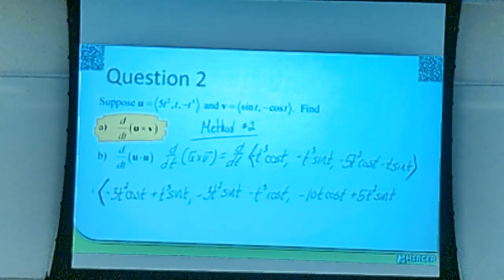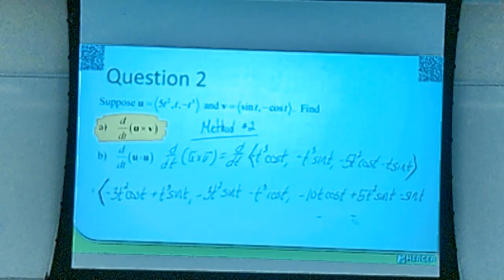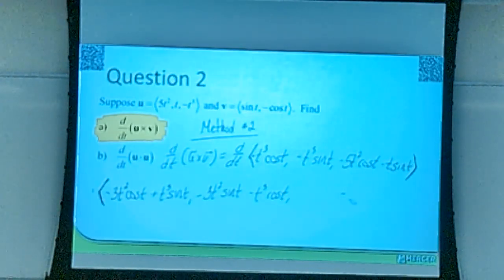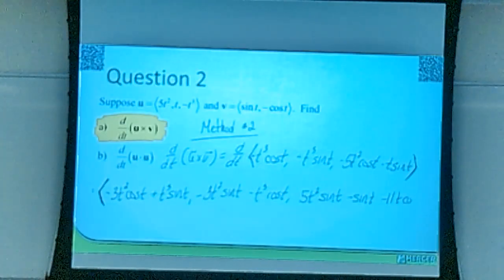First term of the third component, right? Minus, and then minus. Oh, but then look. Right, they combine. So I'm going to erase it and rewrite it. And is that what we got from the first method?